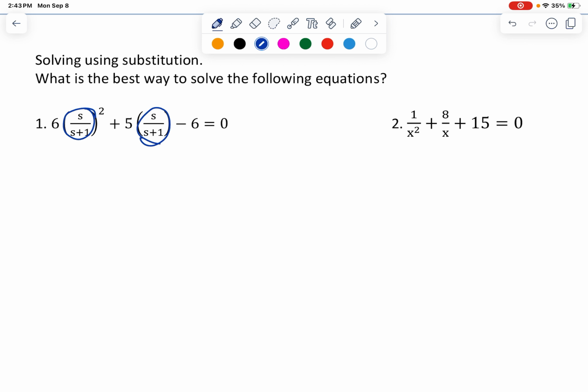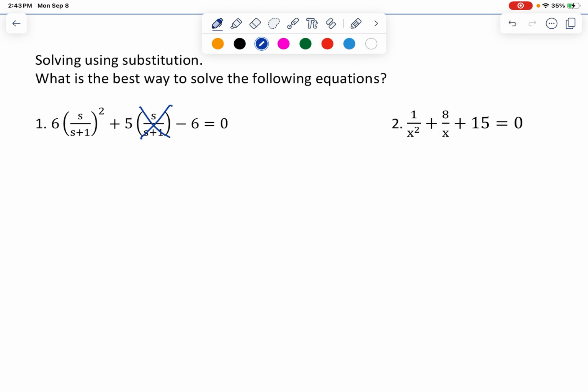I wish that wasn't there. Don't I wish that this was like x instead and this was x instead? Because then I'd have 6x squared plus 5x minus 6, and I could solve that. So that's what we're going to do. We are going to use U-Substitution to make it look prettier, solve that, and then bring back the ugly.